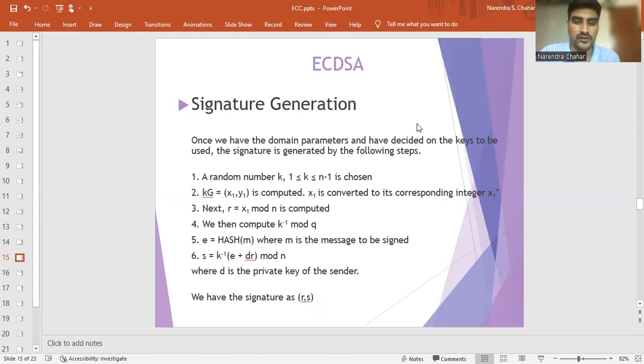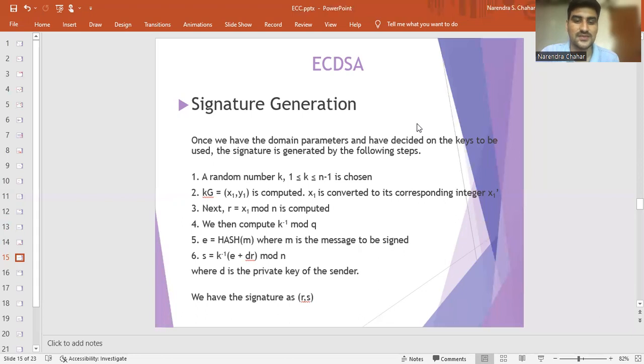Then we compute k inverse mod n, and take the value e, which is the hash of m, where m is the message to be signed. At the end, the signature is the inverse of the random value k times the sum of the hash of m and d times r, all mod n.